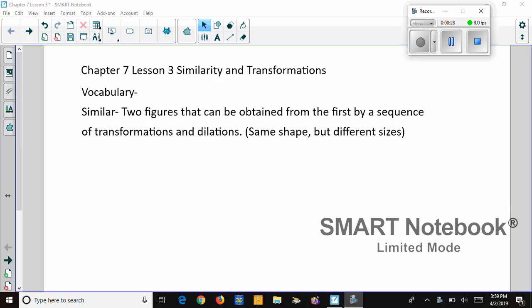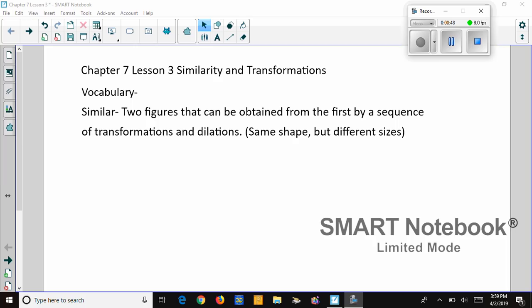And a dilation, as we know, either shrinks or enlarges our picture, called enlargement and reduction. And if that were to happen, we're going to have what's called similar polygons or similar figures.